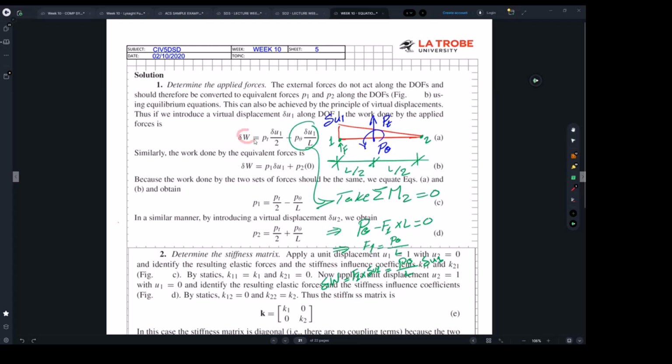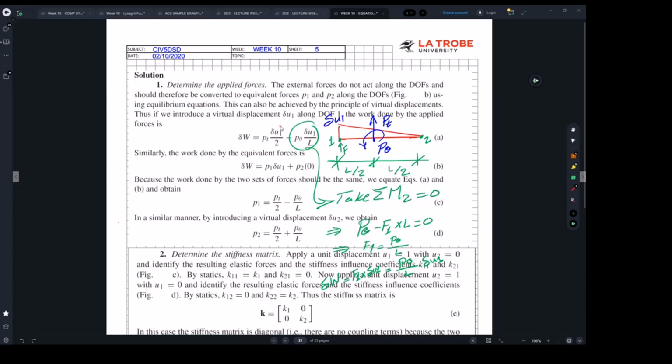The applied forces are the linear force and the rotational force. The linear force is easy, because here we have maximum displacement and here we have zero displacement for one of the cases. To average it, we take half, that's why we divided by 2.